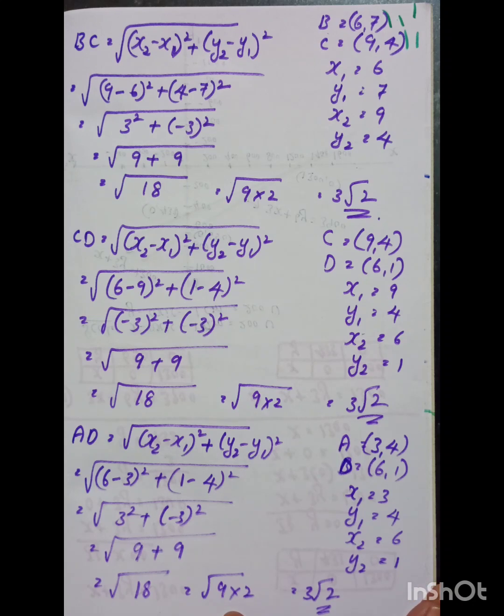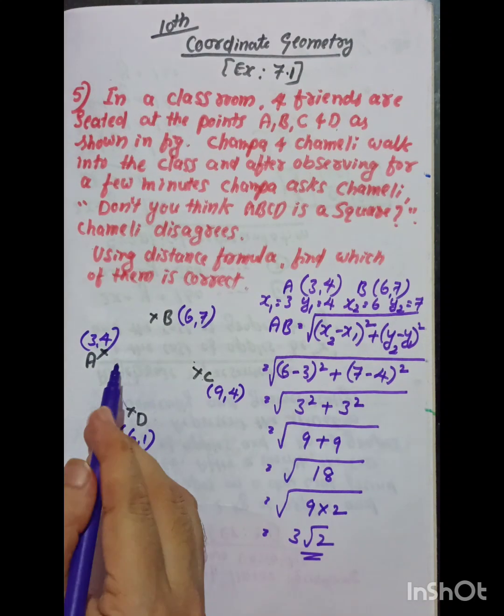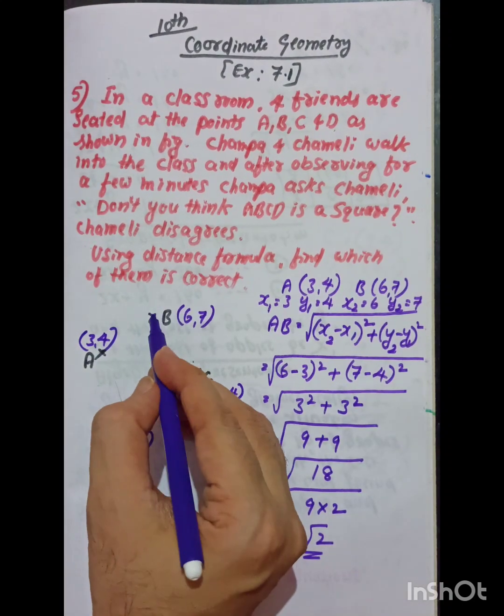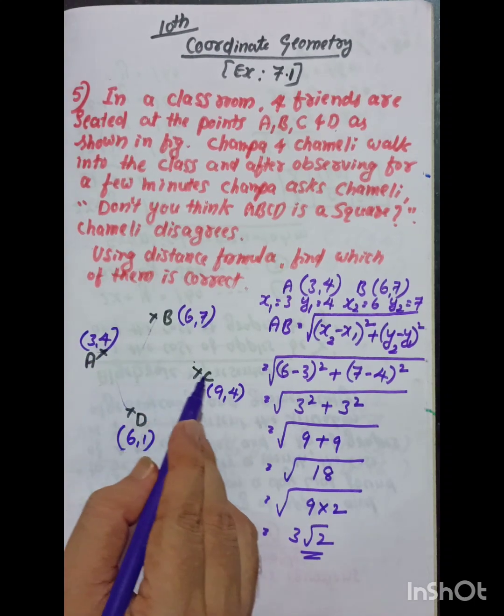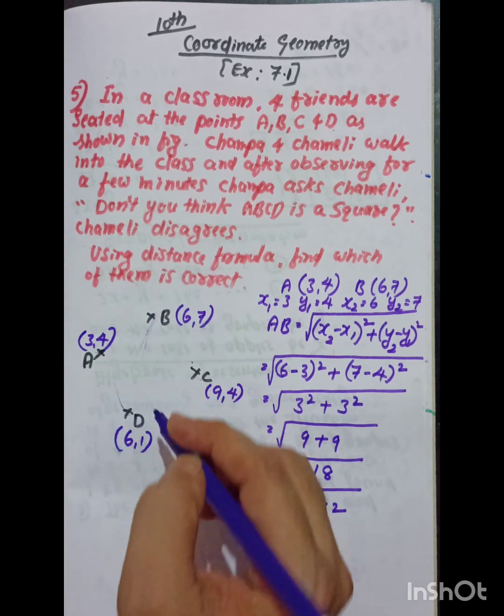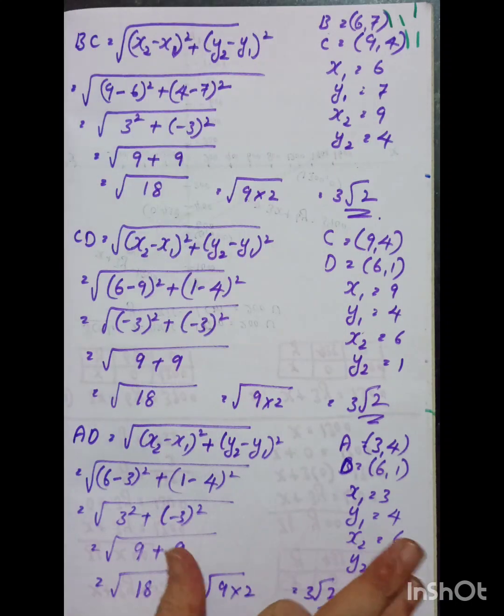Let's check whether it is okay or not. In the figure the diagonals are AC and BD, right? AC is a diagonal and BD is a diagonal. Now let's check AC and BD.